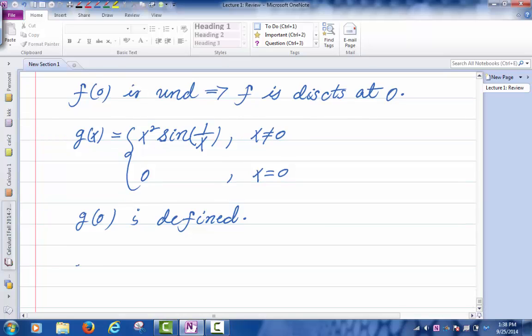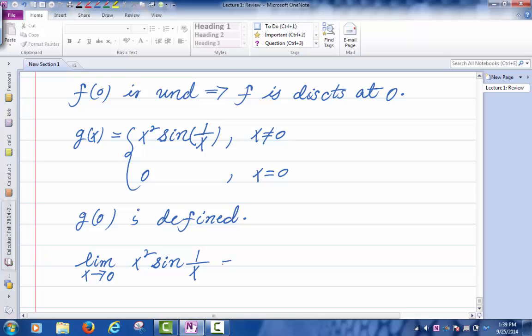So what's the limit as x goes to 0 of x squared sine 1 over x? Remember, a long time ago I actually gave you this example, by using the sandwich theorem.